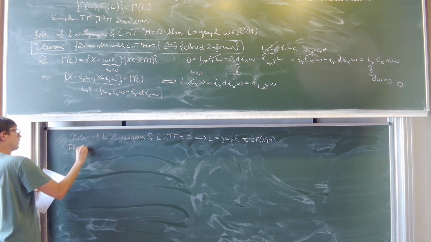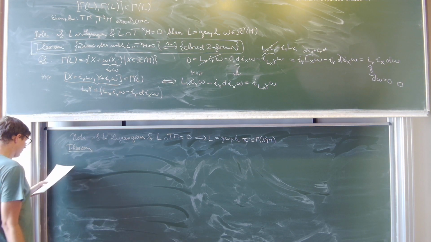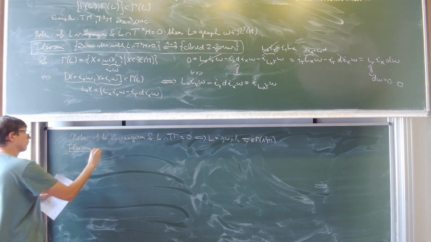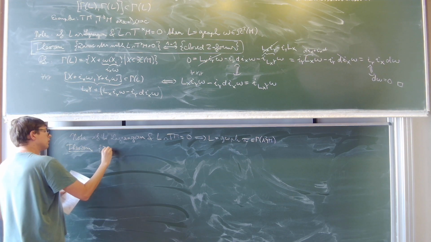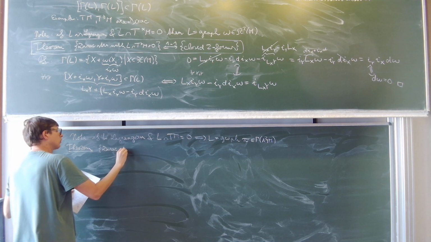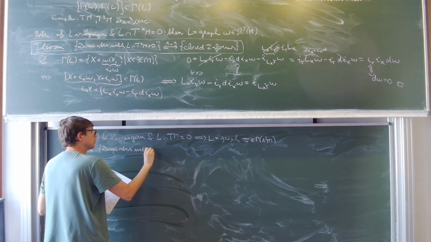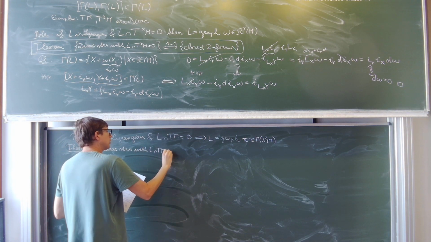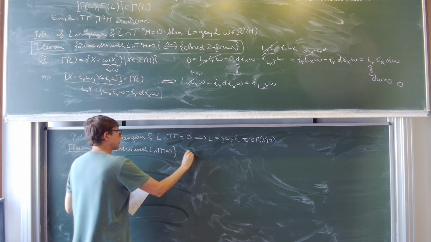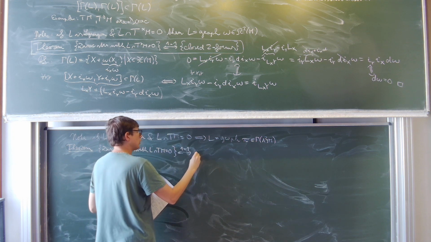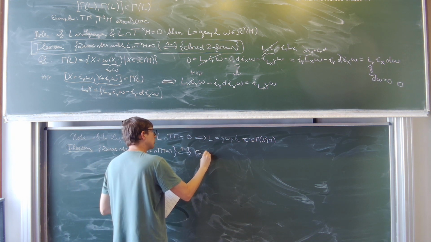Theorem. Dirac structures with this property are in one-to-one correspondence with Poisson bivectors.